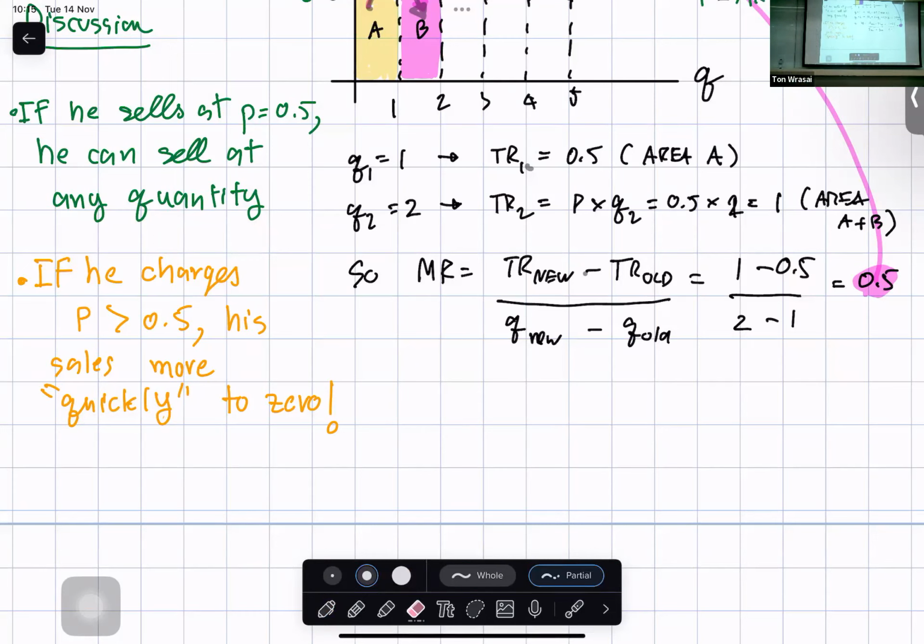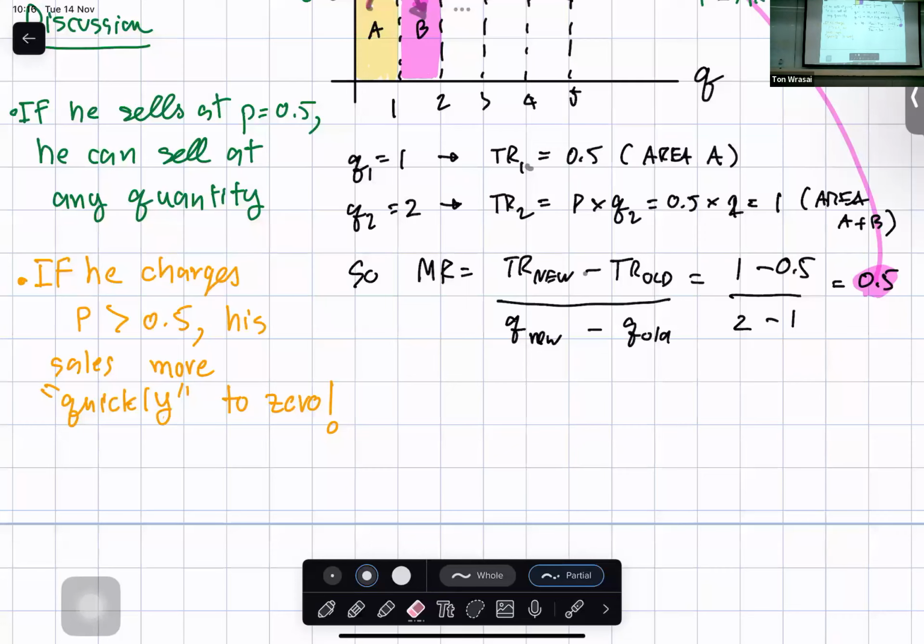For example, if he used to sell 10 pages, but once he changes the price to be a little bit more expensive than 0.5, quantity demanded moves quickly from 10 to 0. Wow, consumers are very price sensitive. Just a little price increase, and quantity demanded moves quickly from any positive amount to 0.